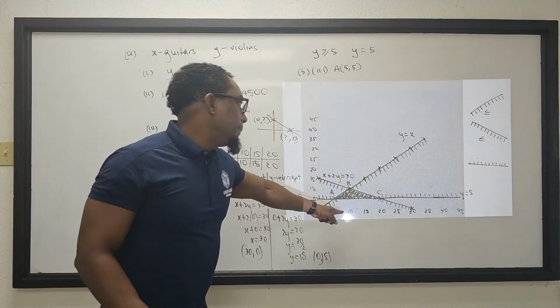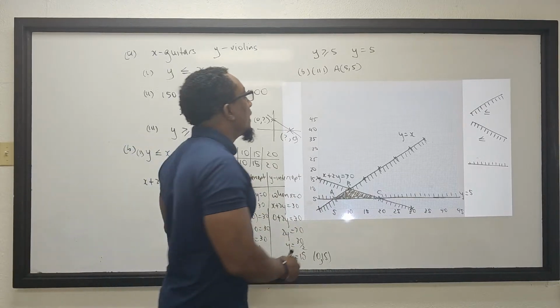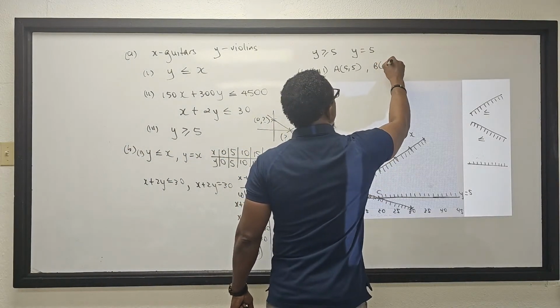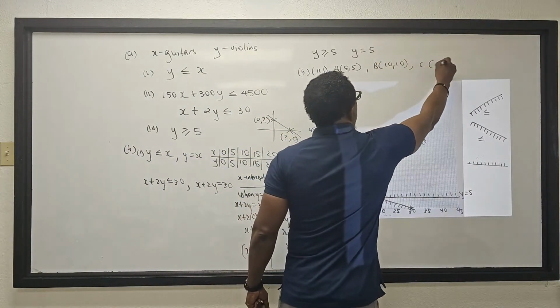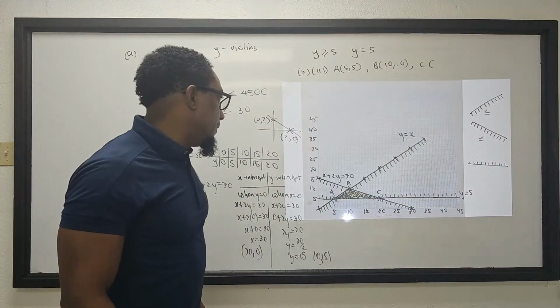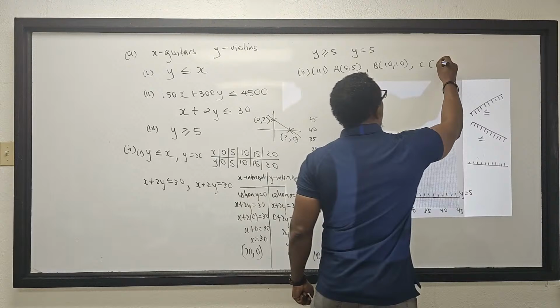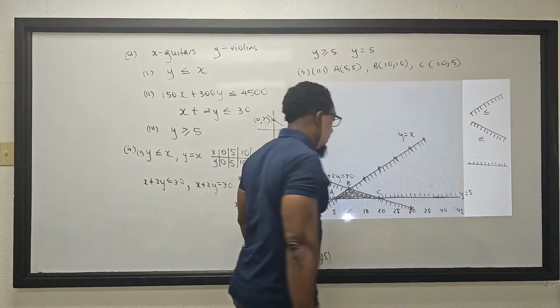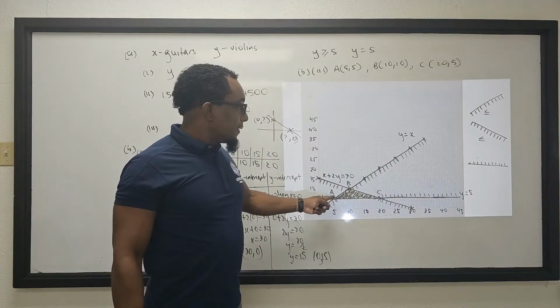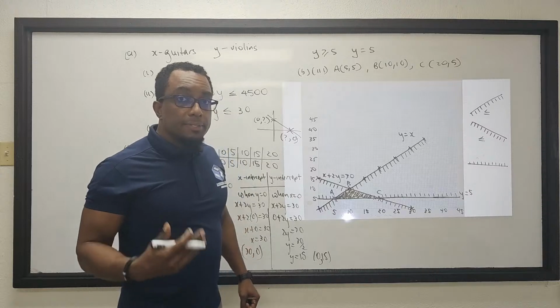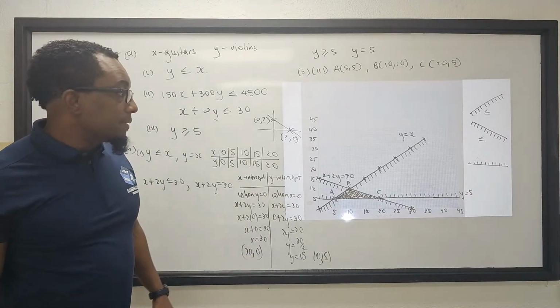The vertices of B will be (10, 10). And the vertices of C, that will be 25. So we're looking at the satisfied region, and the vertices of the satisfied region help us to make an informed decision.